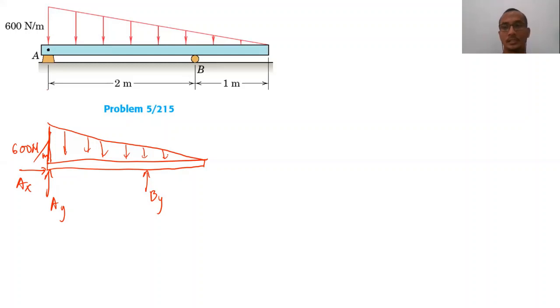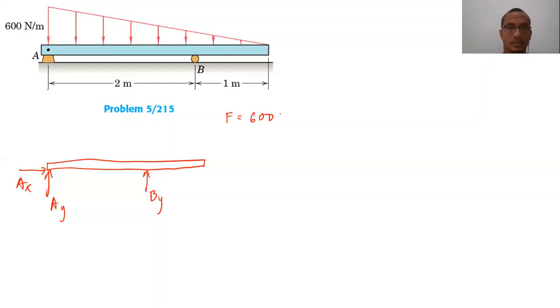For a triangle, the area under the curve will be this multiplied by the length, divided by 2 because it's a triangle. So the represented concentrated force is F equal to 600 Newton per meter multiplied by the total length, which is 3 meters, divided by 2.